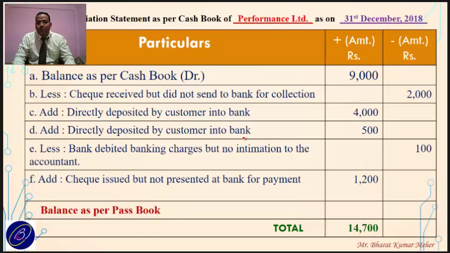Please leave one row, in which you can calculate the balance. Now the total is 14,700. The minus side is actually lesser. It is a shortage of 12,600. Fine.